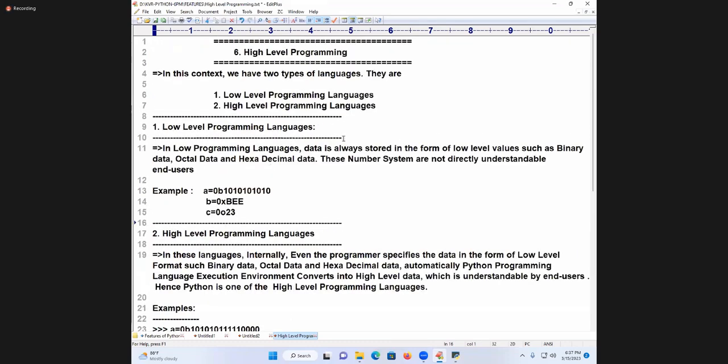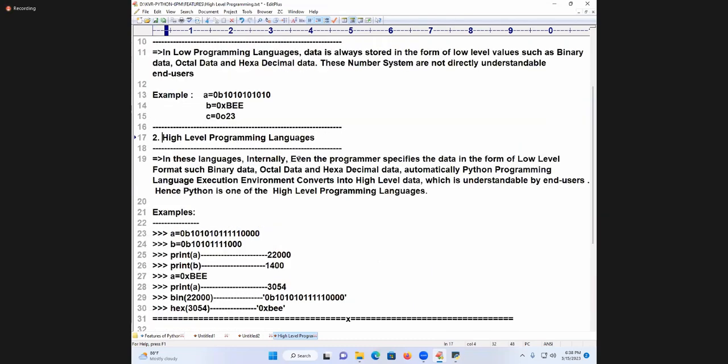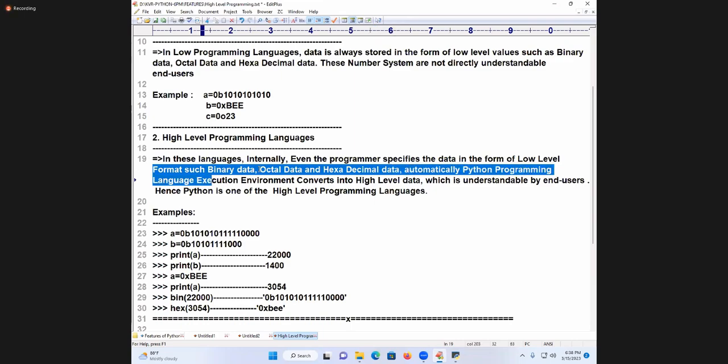Right. Now, please read out high level language. In these languages, internally, even if the programmer specifies the data in low level format such as binary, octal, hexadecimal data, the Python programming language execution environment converts it into high level data, which is understandable by end users.